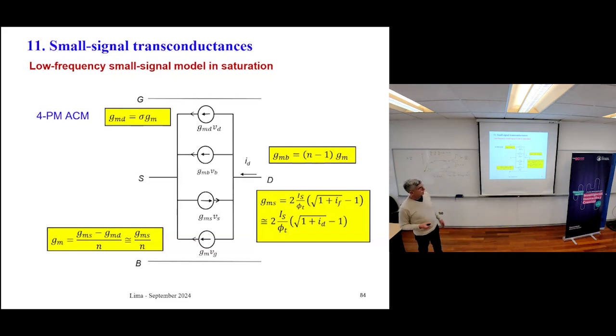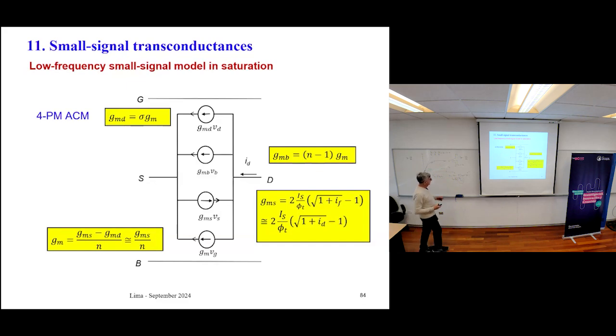We have a lot of these equations in a lot of designs. They are very useful because you can see that you have a dependence here on the inversion level. You have two degrees of freedom. One is the IS, which is a technology parameter, N times W over L. This is a design parameter.